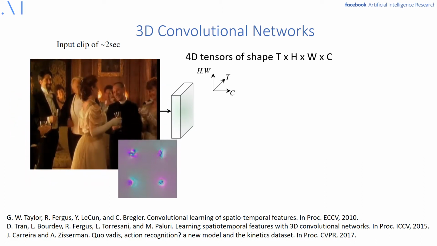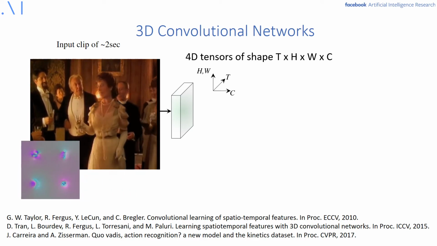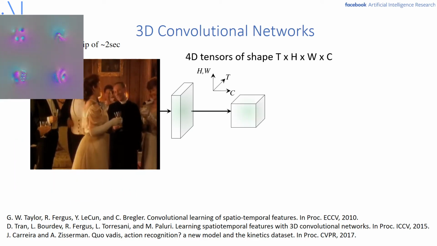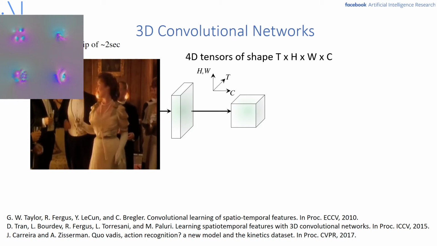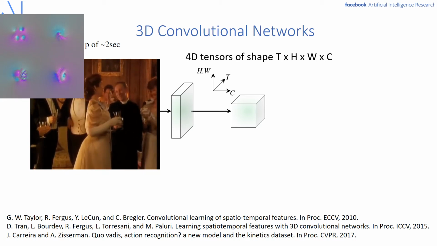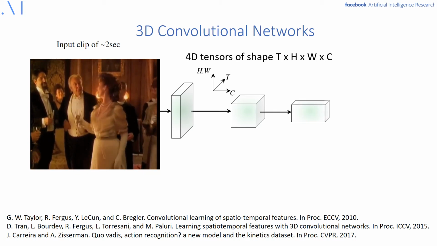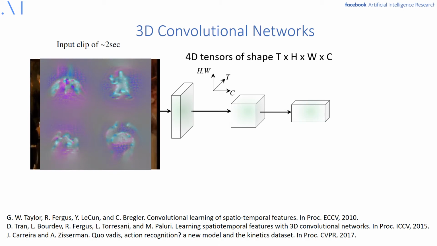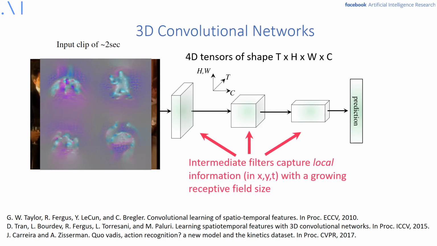So the network reduces the spatiotemporal resolution of the output tensors from the input to the output, while it increases the number of channels C, or the number of filters, until the prediction is formed at the output. The intermediate filters capture local information in XYZ with growing receptive field sizes.